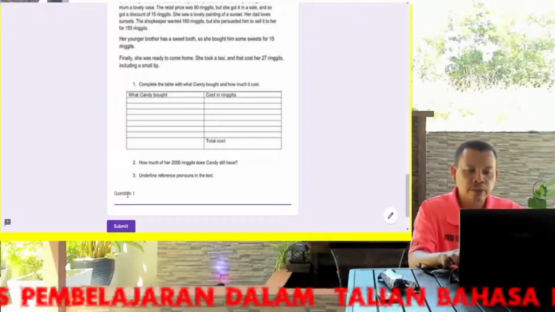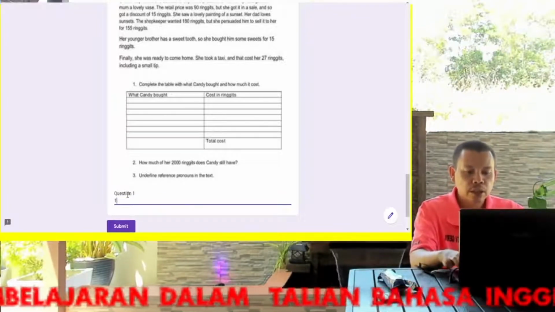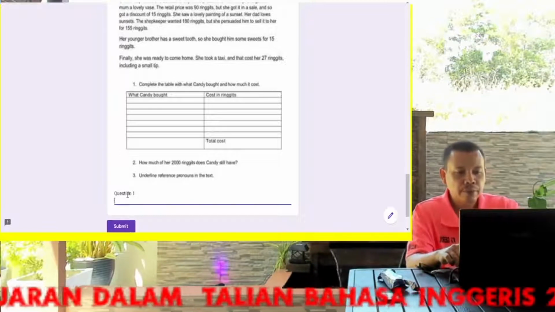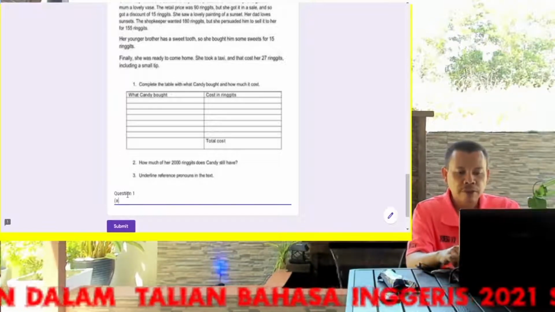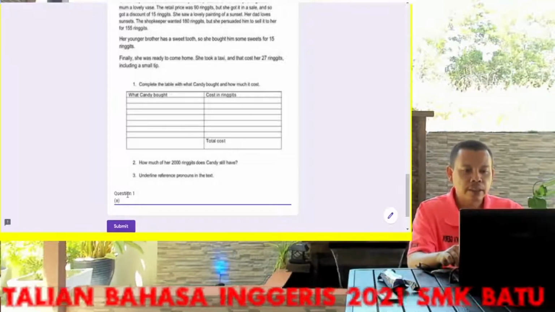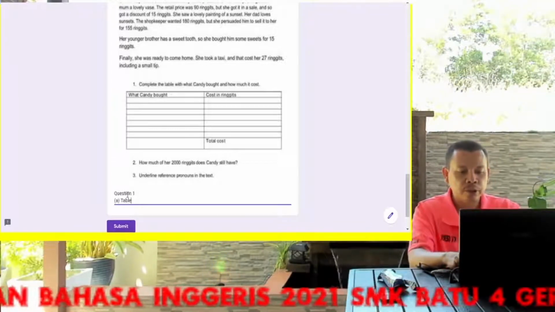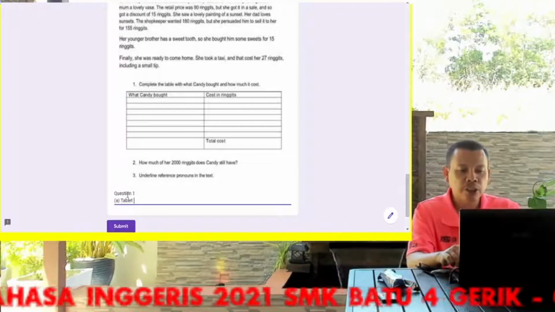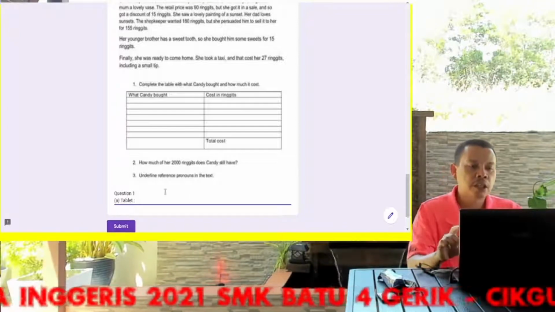Go to the next, first the new row, question 1. What is the first item that Candy bought? She bought a tablet, a new tablet. How much does it cost?